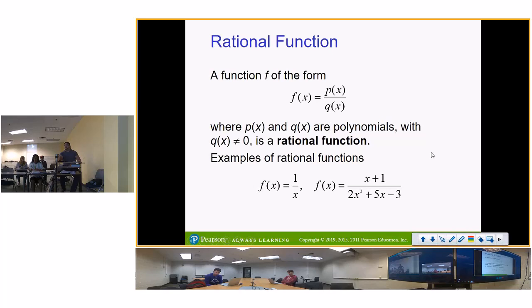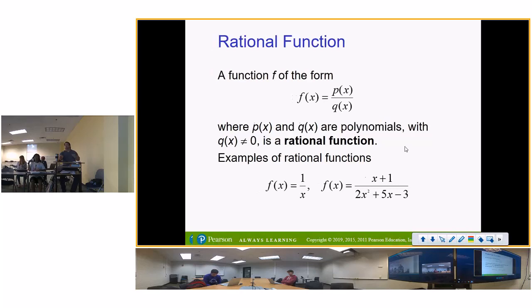A zero. Zero cannot be in the denominator. So therefore, if a number gives you zero in the denominator, the function blows up, or you have what's called a vertical asymptote. And we'll get there eventually.